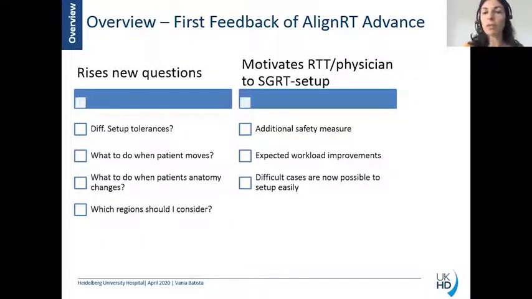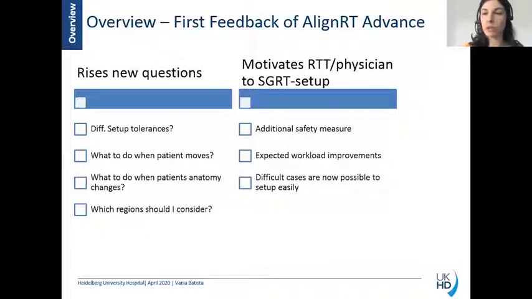Some improvements you can already detect after five months: you see the need to use Align RT for more cases, for most patients, for example the cases where it's really difficult to position the patients.